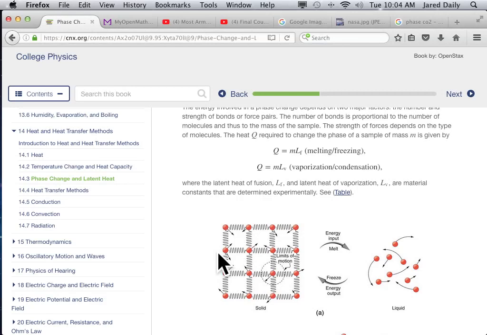And for ice water, it happens to be 0 degrees Celsius. 0 degrees Celsius is the transition point between liquid water and solid ice. And every material has these points. They're different for every material, but everyone does have it.